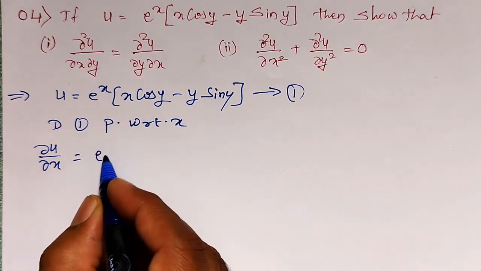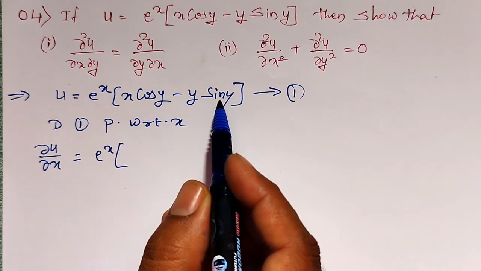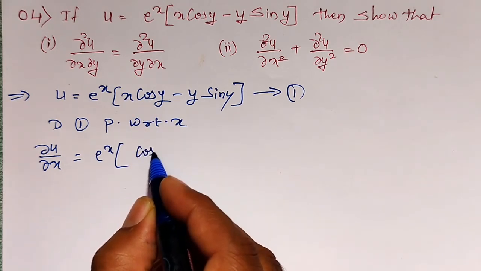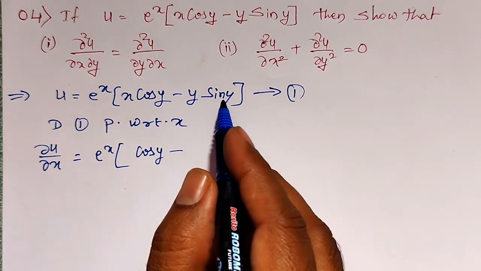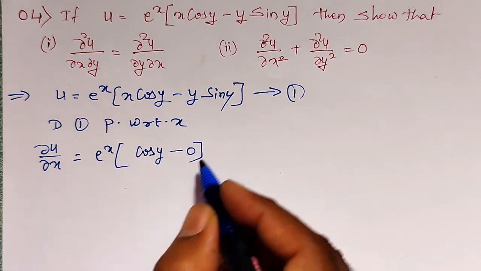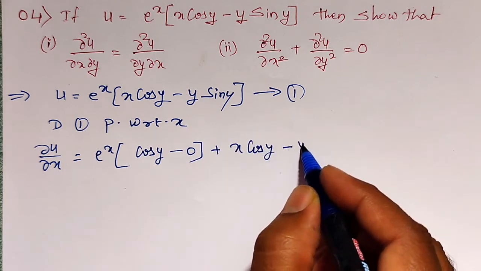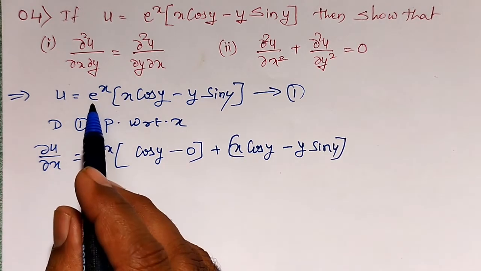That is e raised to x into differentiation of x cos y minus y sin y. x cos y will become cos y, as cos y is constant and differential of x is 1, minus y sin y is 0, plus x cos y minus y sin y into bracket differentiation of e raised to x.